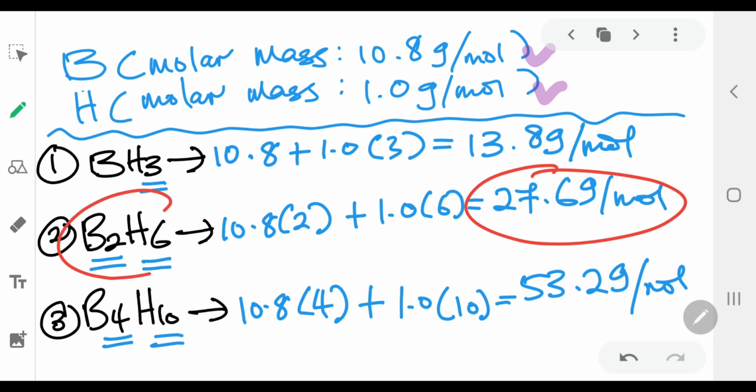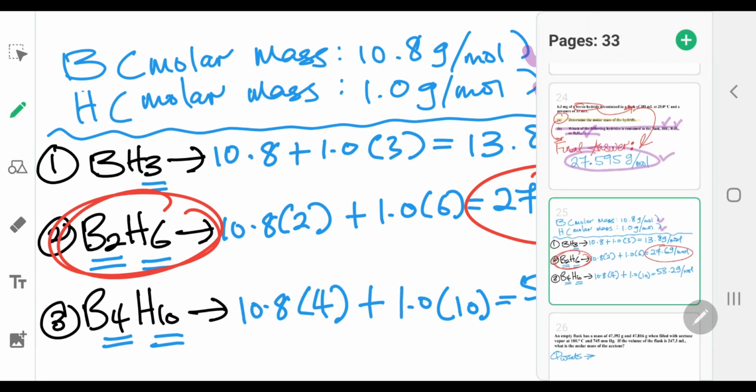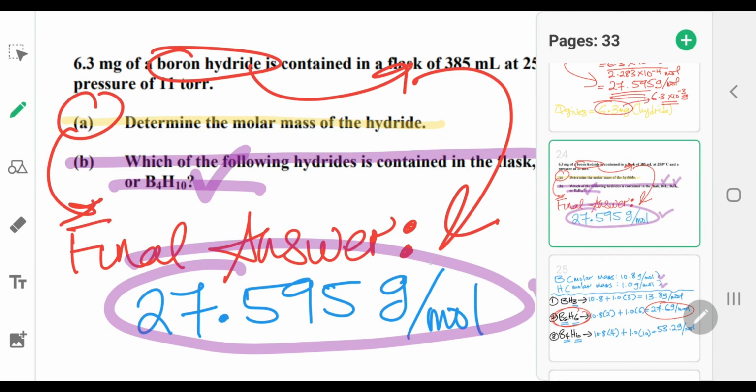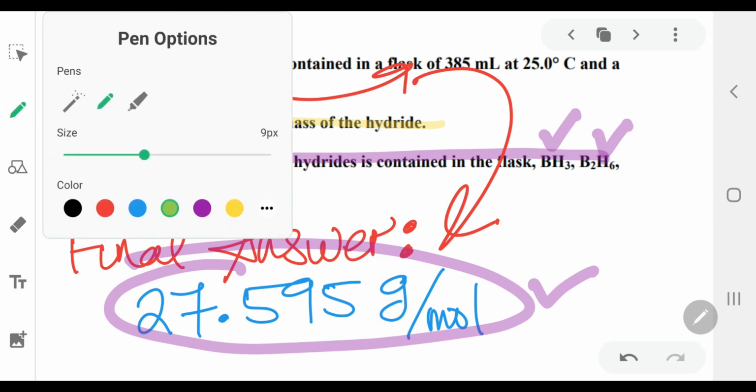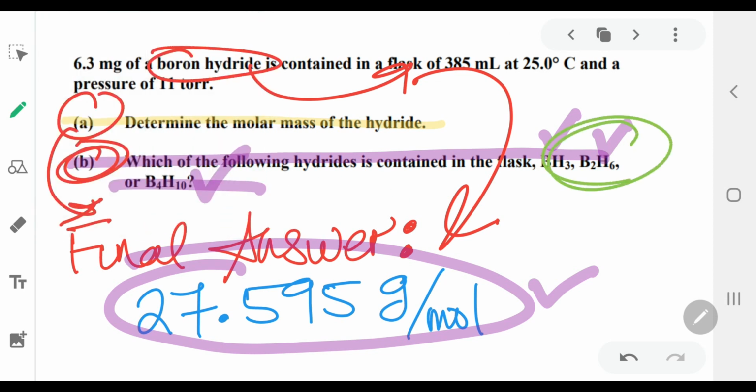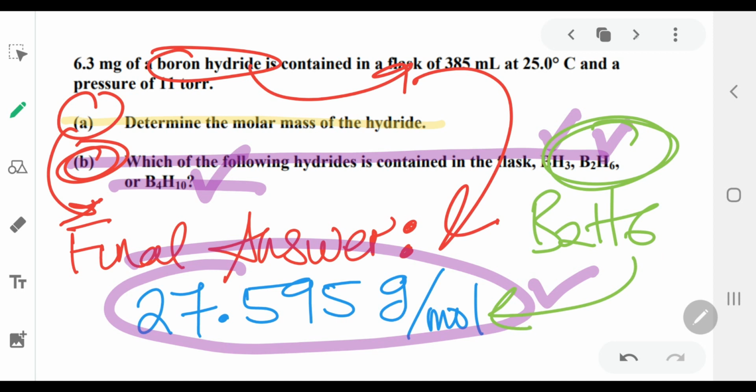So the answer should be B2H6. If you go back to part B, the answer would be B2H6. So that is the molar mass of B2H6.